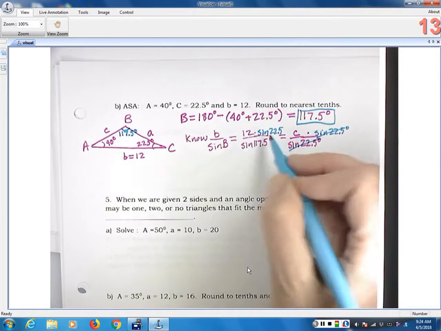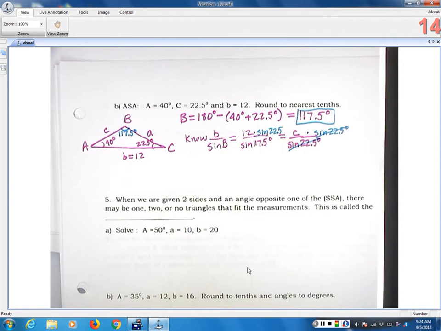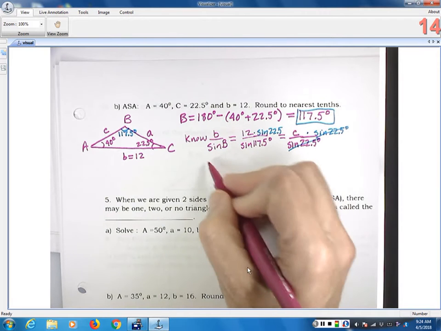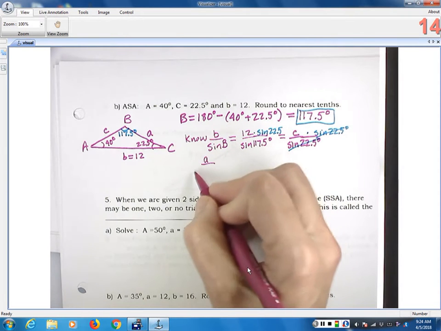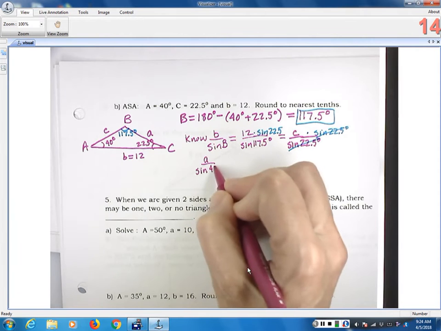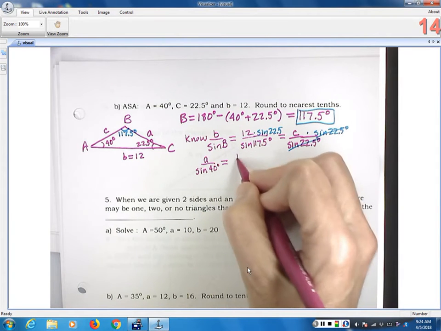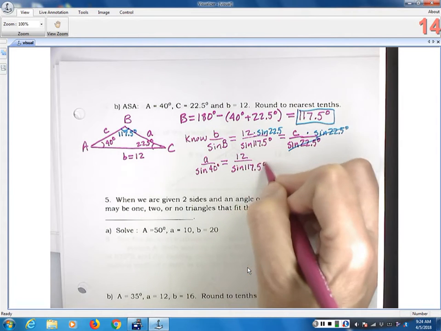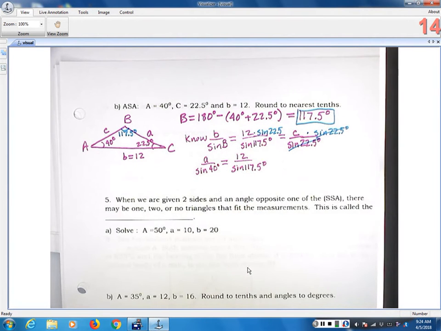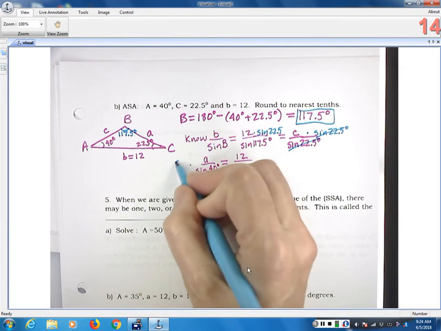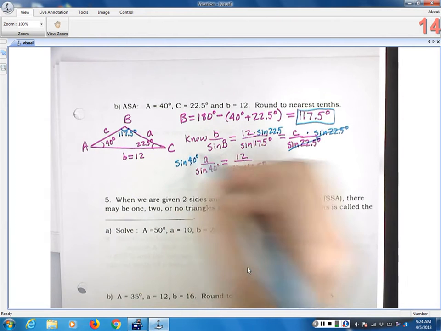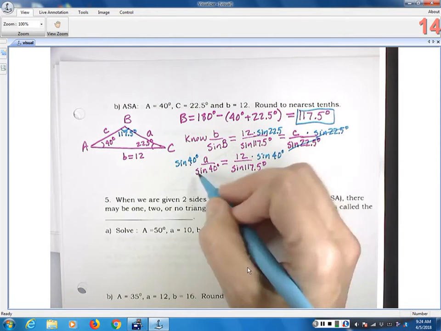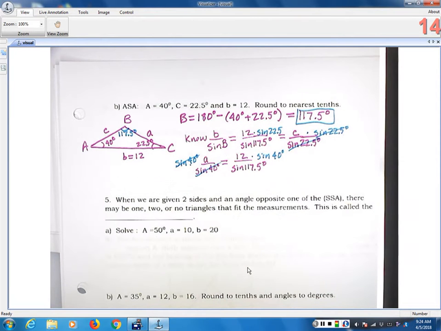So C is this. We'll put that in our calculator in a minute. And then A over sine of 40 degrees is going to be equal to the 12 over sine of 117.5 degrees. So we're multiplying through by sine of 40 on both sides. And that's what A is going to be. So we'll just put those in our calculator.